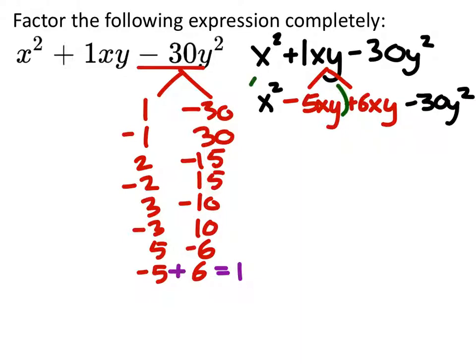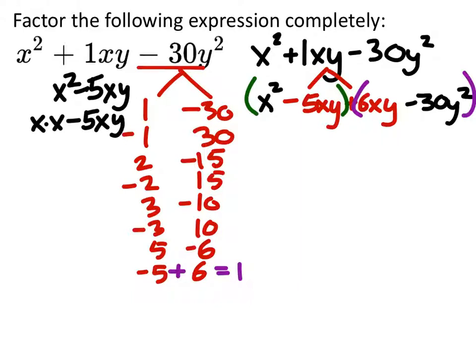So again, I'm looking at these as two separate binomials. And we can look at these over here. So I've got x squared minus 5xy. The only factors that are common between these two are the x's.